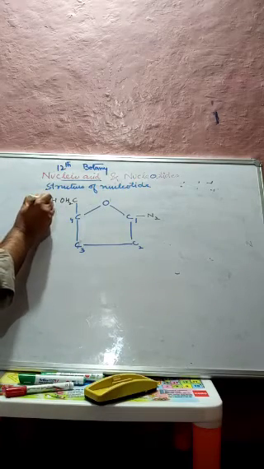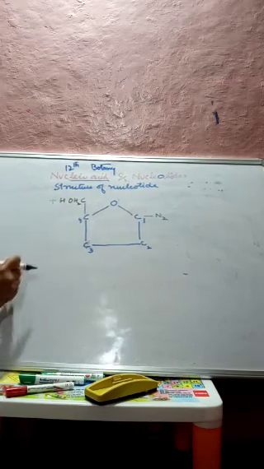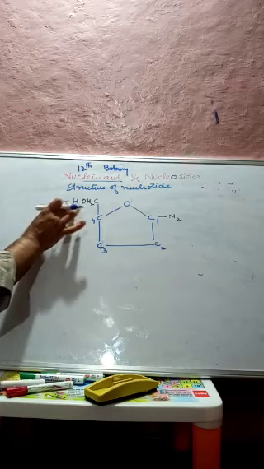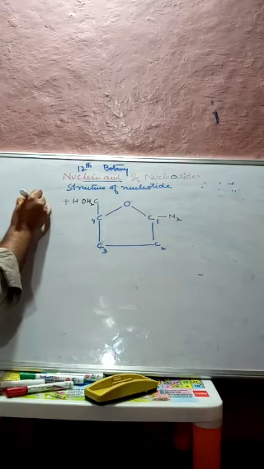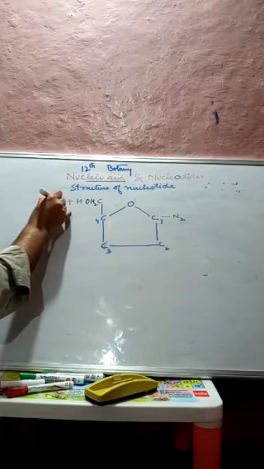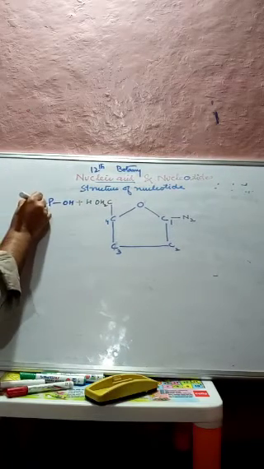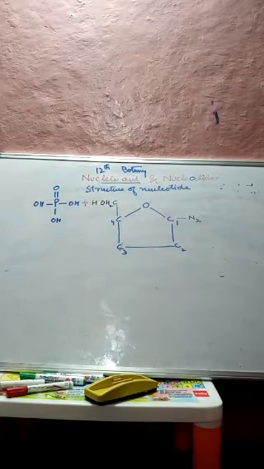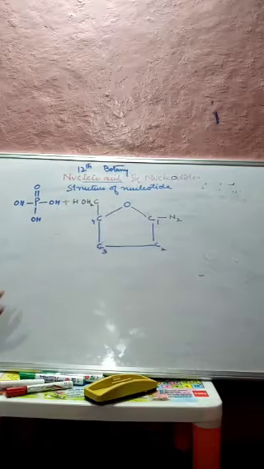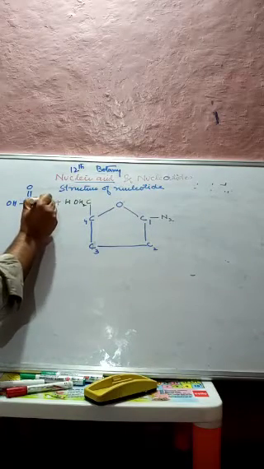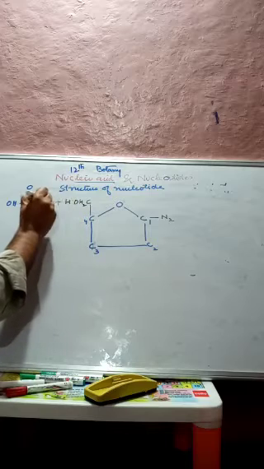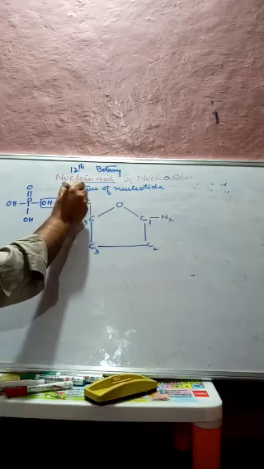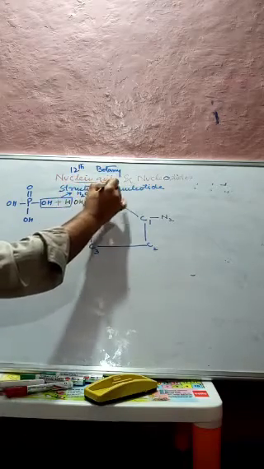And this phosphoric acid is attached at the fifth carbon of this pentose sugar. P, OH, OH, OH, and this is double bond O. Now, what happens? This H and OH combine together and get eliminated in the form of water.